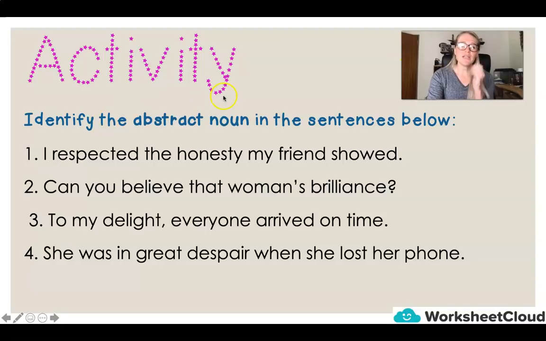All right. So now in these next 4 sentences that you see in front of you, I would like you to identify the abstract noun in the sentences below. Again, on your piece of paper, number your sentences 1 to 4 and just write the word that you see. Number 1 says, I respected the honesty my friend showed. Number 2, can you believe that woman's brilliance?